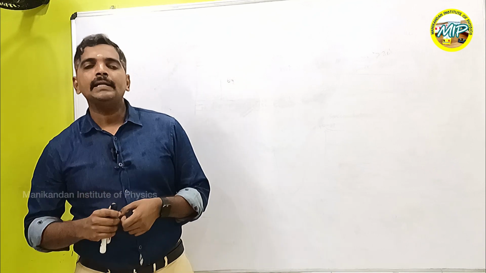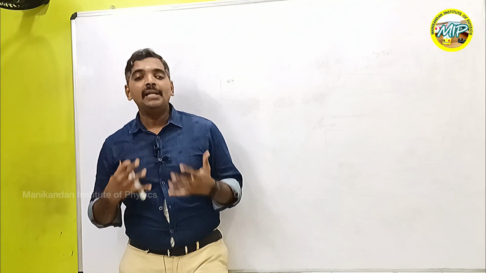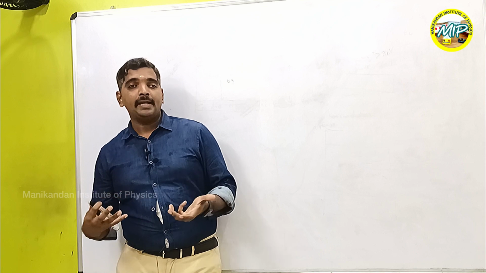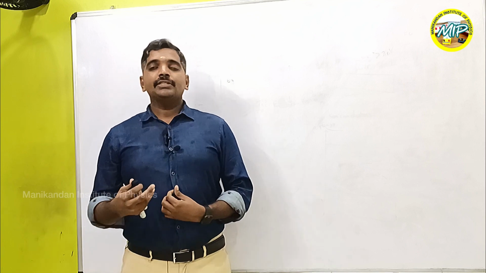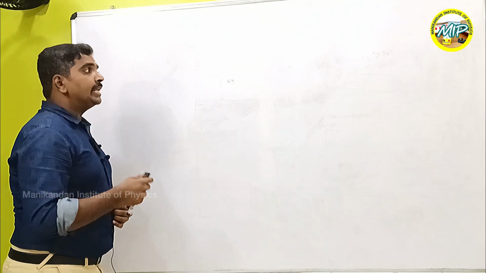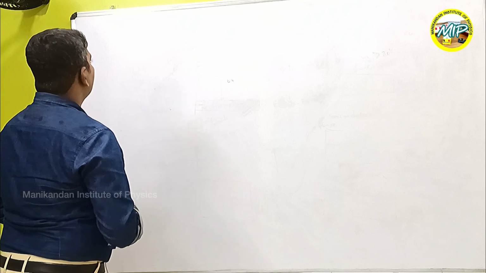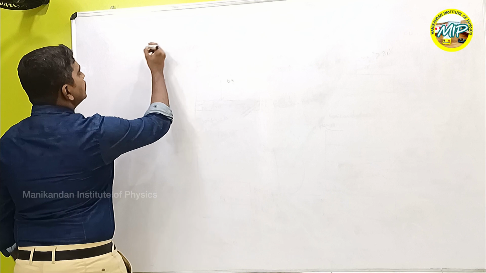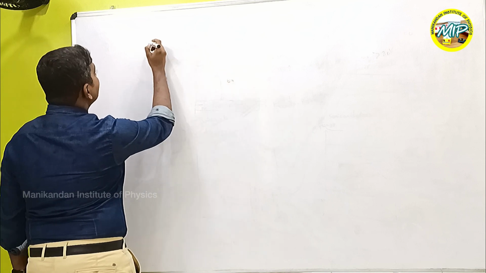So why do they prefer silicon and germanium? The availability, the abundance. The raw material from the earth, germanium and silicon, is larger. So that's why we choose silicon and germanium for the semiconductors.